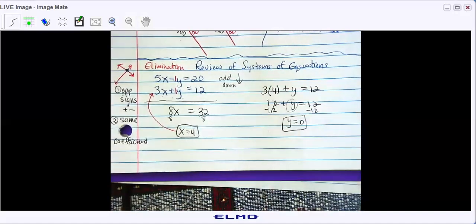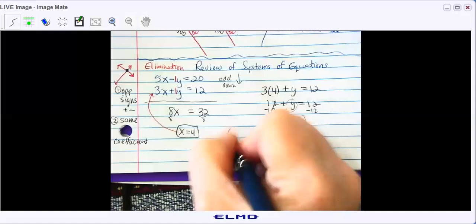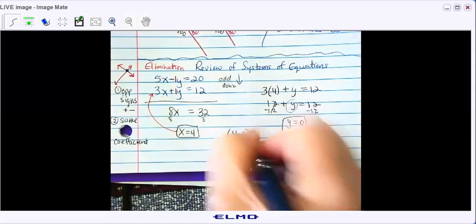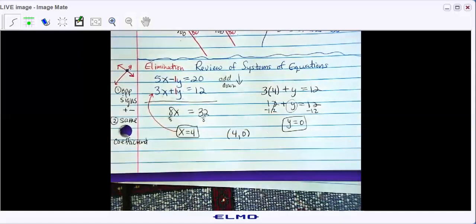In algebra, because this is a coordinate of a solution, we would have written it as (4, 0). In geometry, we're not so much using the elimination method to find a coordinate as just the answers for x and y. So you wouldn't use a coordinate, you just have x equals and y equals.